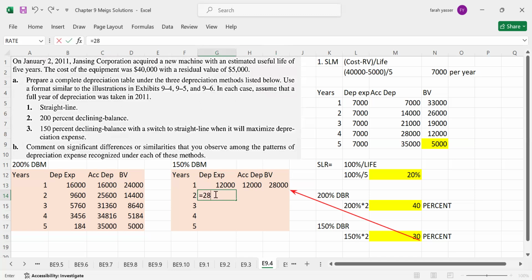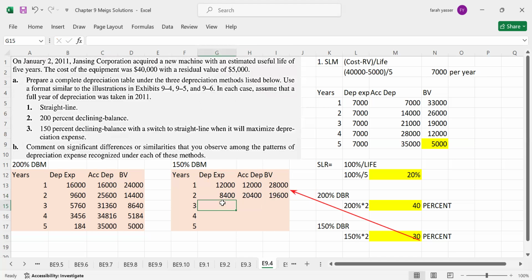So book value is 28,000 multiplied by the declining balance rate, or rate of depreciation, which is 30%. So this is the depreciation for the second year, and accumulated is 12,000 plus current year 8,400, and the book value is 40,000 minus 20,400.